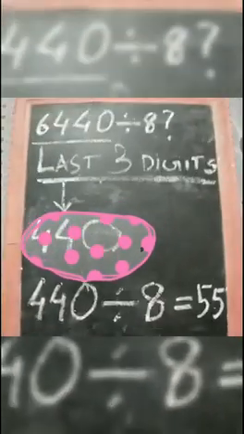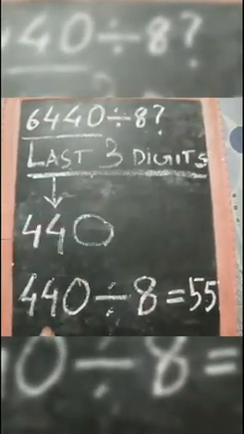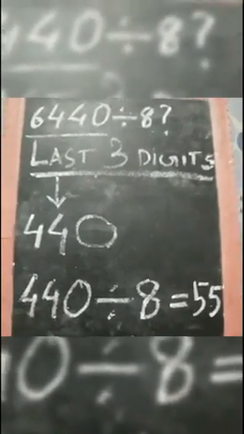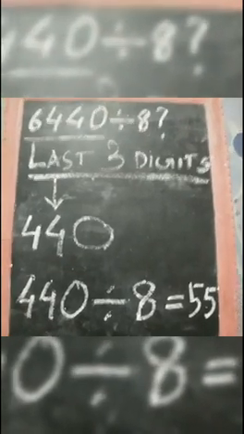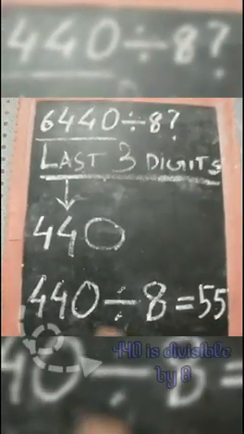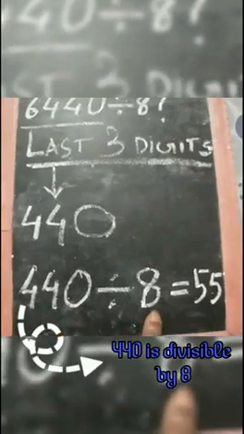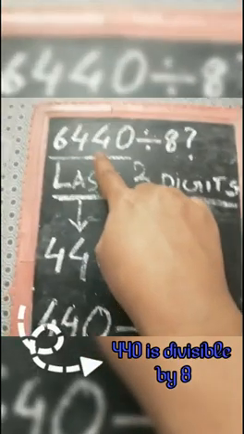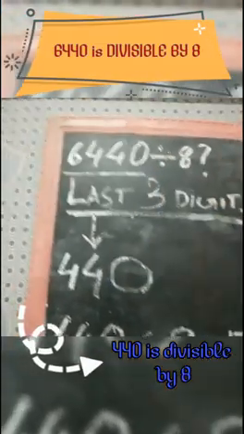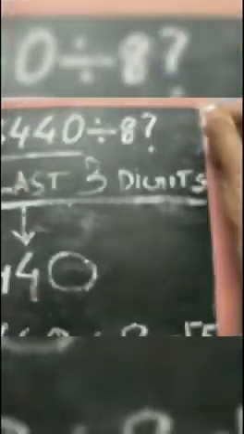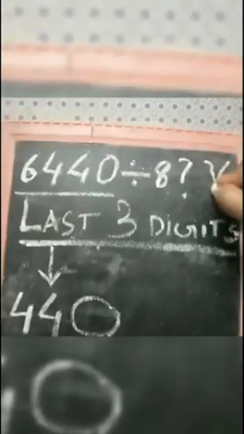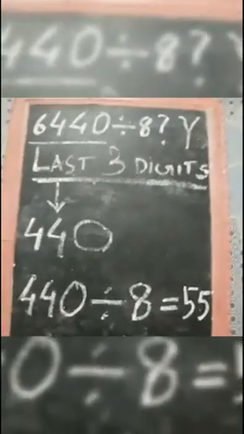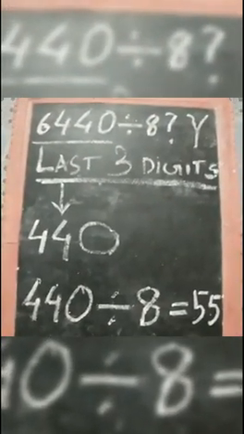Okay, now we have to divide 440 by 8, and if we divide, we will see that a quotient will come without any remainder. So the number 440 is exactly divisible by 8. Henceforth, the number 6440 is also divisible by 8. So here I will write yes. Yes, the number 6440 is divisible by 8.